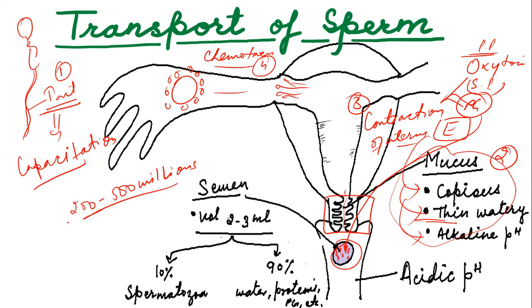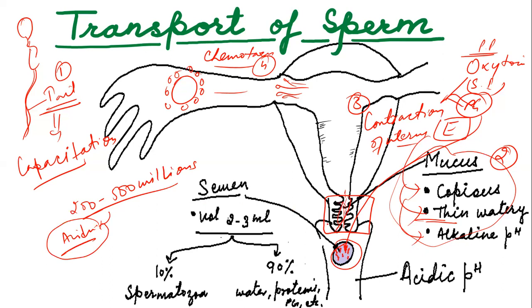As the vaginal pH is acidic, those sperm which are less motile will become even less motile in the acidic environment of the vagina, and they will not be able to move further. The non-motile sperm will not move, and only the active, motile sperm will move to the cervix.